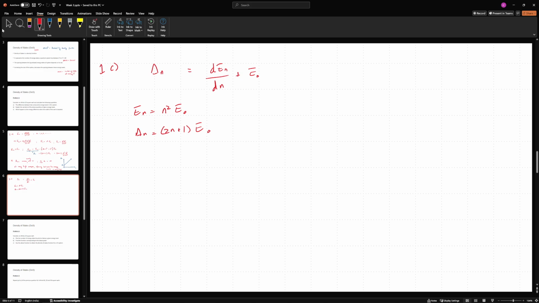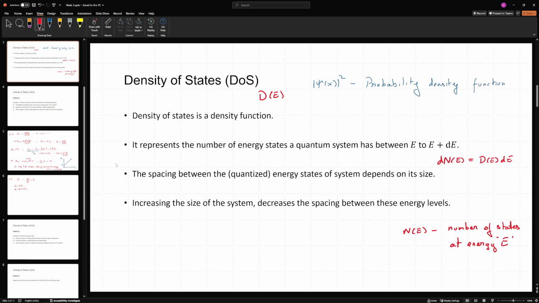Now remember the definition. It represents the number of energy states a quantum system has from E to E plus dE.